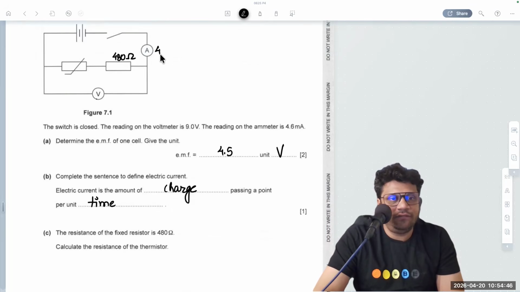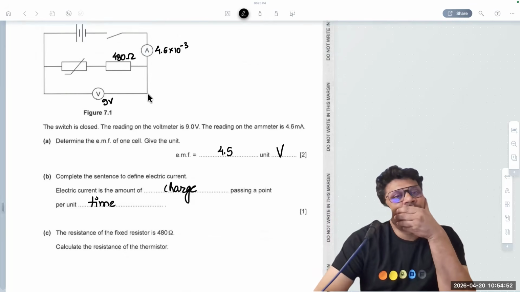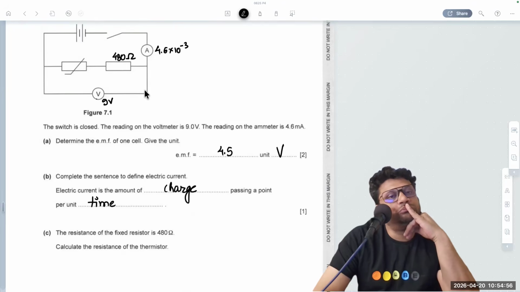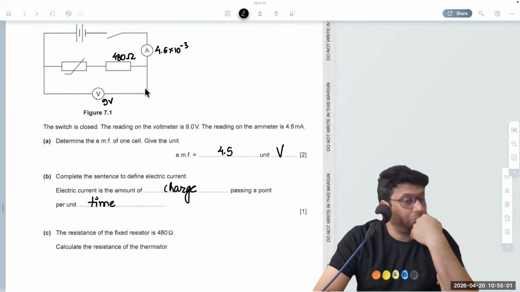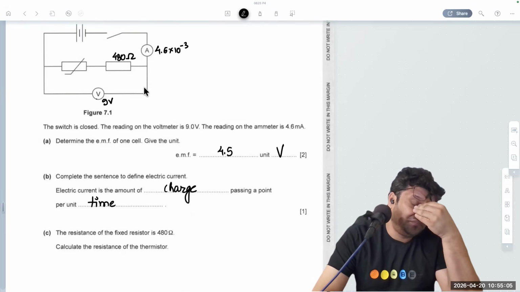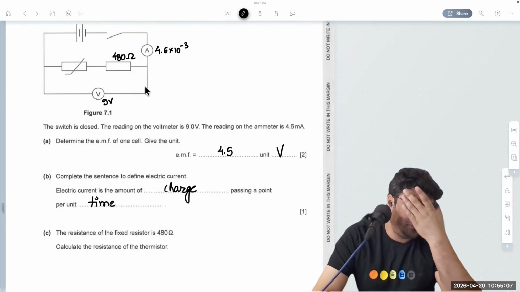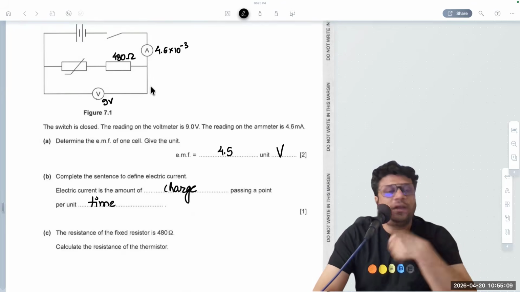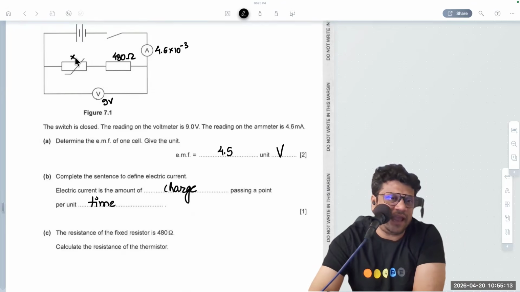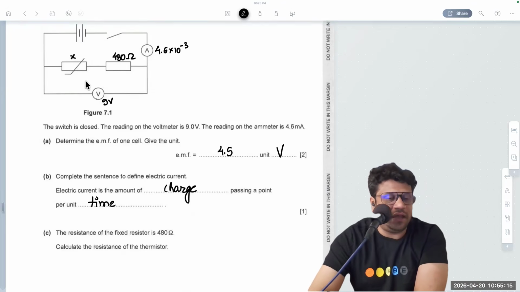Okay, this is 4.6 into 10 to the power of minus 3, and this is 9 volts. What do I do here? Okay, let's calculate the combined resistance of these two. I say that X is the resistance of the thermistor.